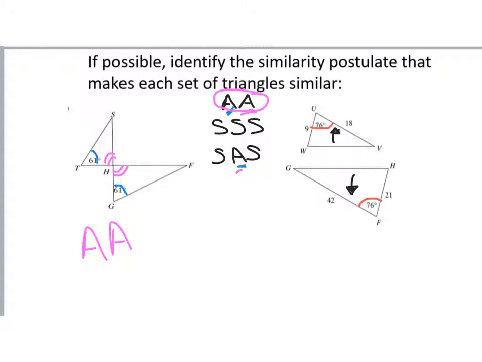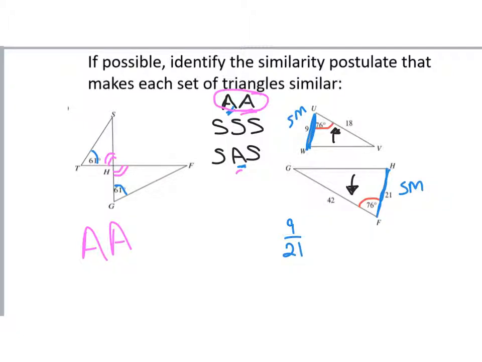Okay, but what is important is that when you compare your sides, you compare the shorter side, which in this case is 9, it's the small side, to the small side of the other triangle, which in this case, between 21 and 40, that's going to be the 21. So my up arrow comes from the small triangle, so 9 will go on top, and the 21 will go on the bottom.